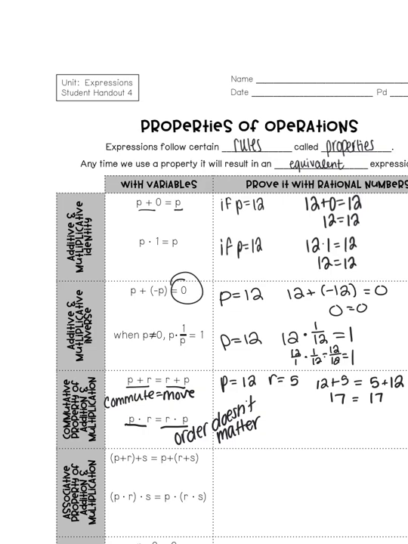Those are equivalent expressions. Okay, same thing with multiplication. 12 times 5 gives the same product as 5 times 12. 12 times 5 is 60. 5 times 12, still 60. Equivalent expressions. Changing the order doesn't change the answer. Okay, so that's the commutative property.